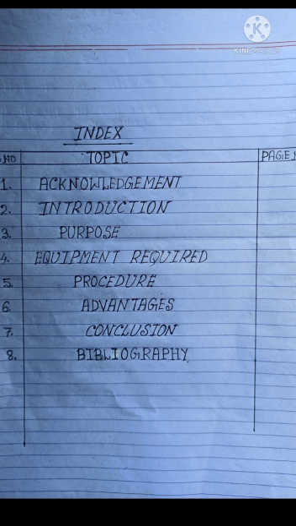In this part you have to write the importance of this project or the knowledge gained from this project. And the last, serial number 8, is bibliography. In this bibliography part, you have to write where you collected the content of this project file.